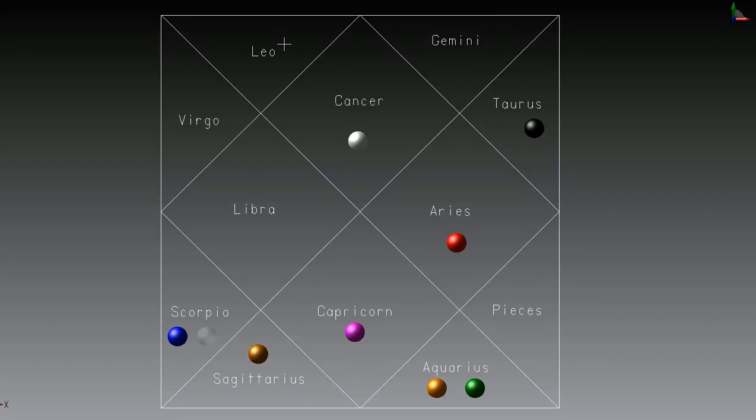Now if Leo is the ascendant, in the ascendant chart Leo would be placed here, Virgo would be placed here, Libra would be placed here, and this will be counted as 1, 2, 3, 4, 5, 6, 7, 8. So the house numbers, or the bhavas, will remain the same, but the position of the Rashi at the center will change based on the moon placement and the ascendant placement.